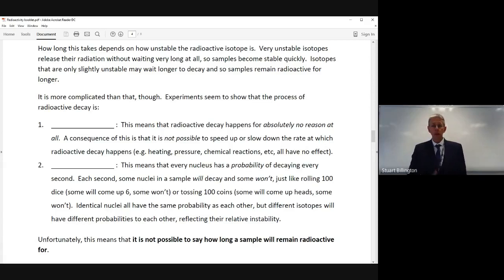You might have a few billion atoms and you watch them, and they've all got a probability of decay of 1 in 6. So you watch them for a second, and I don't know, maybe a sixth of them decay. And you watch them for another second, maybe another sixth decay. But the point is, you can't guarantee that they will or won't decay.